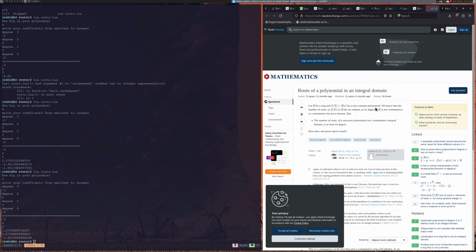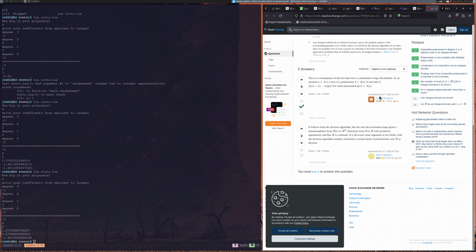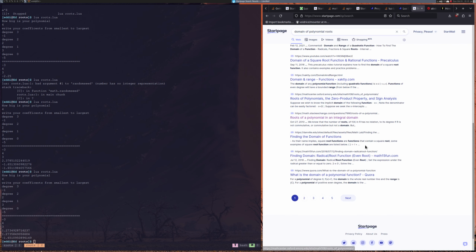Oh my god. I already don't know this. This guy's talking about the fact that a commutative ring with identity is an element... You have a polynomial if and only if some polynomial. Man.